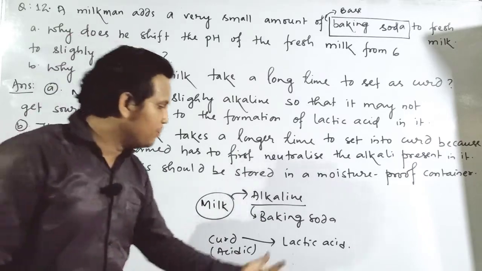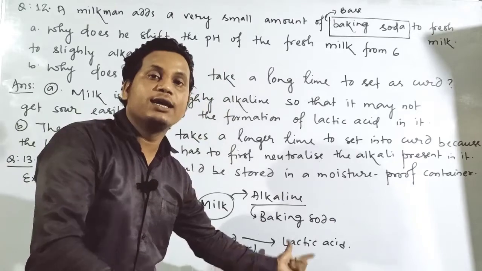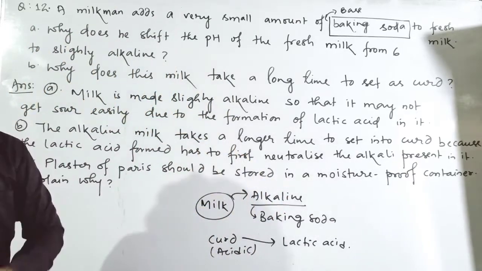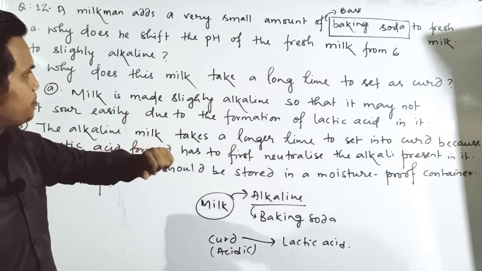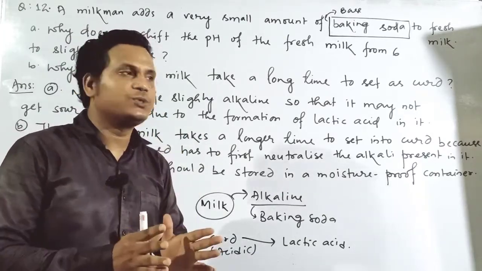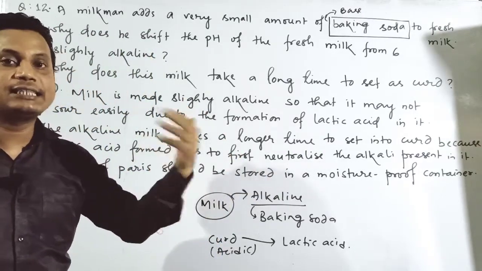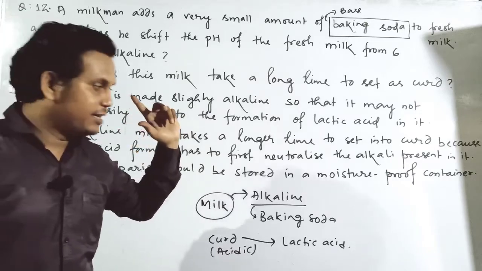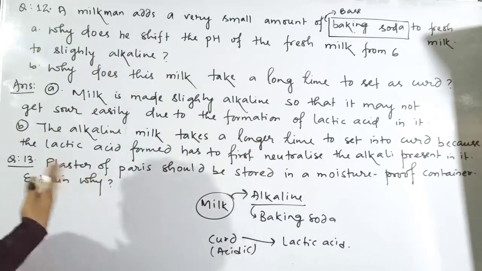Then after, due to the formation of more lactic acid, milk will convert into curd. So why will it take a longer time? Because first, the lactic acid produced in milk has to neutralize the excess base. When that base is neutralized, only then will it convert into acid.